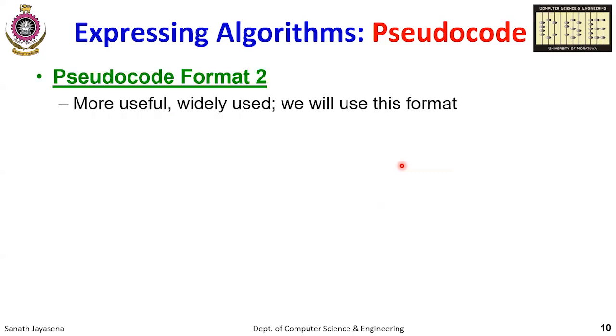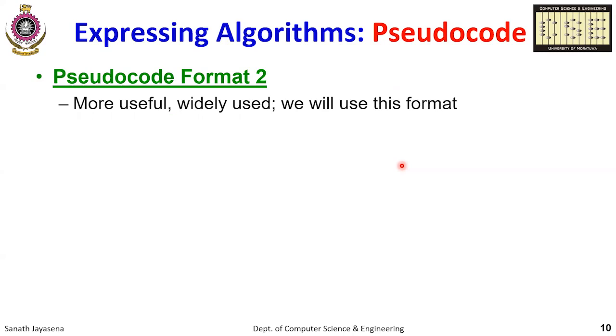Okay. Then here's pseudocode format 2. This is more widely used these days, and perhaps more useful when you want to code the algorithm into a particular language, because it looks very similar to program code.